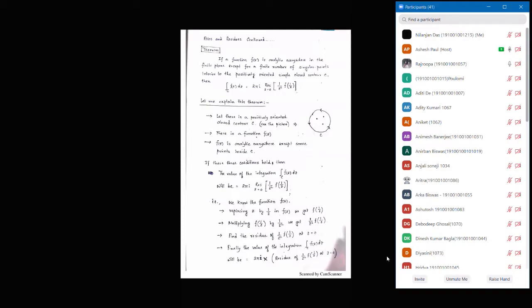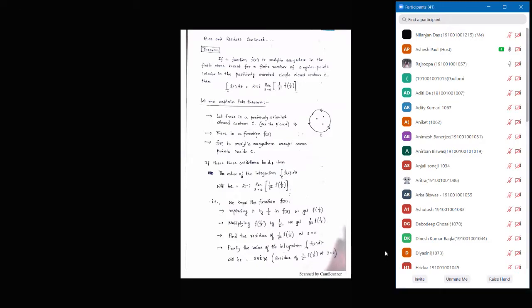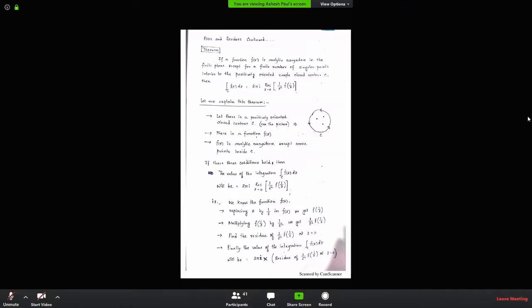So this note is just an elaborate version of the previous note, the note from where we are reading poles and residues. The note on poles and residues has been given.